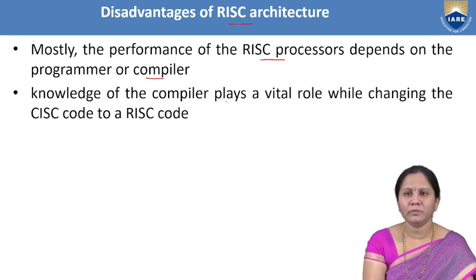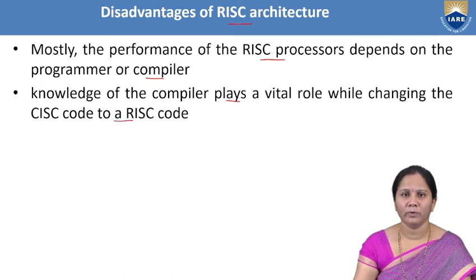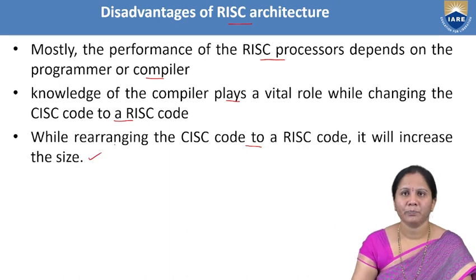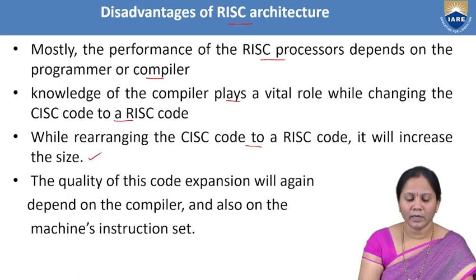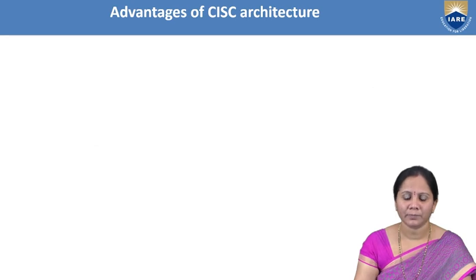The knowledge of the compiler plays a major role while changing the CISC code to RISC code. And also while rearranging the CISC code to RISC code, it will increase the size. The quality of this code expansion will again depend on the compiler and also on the machine instruction set. So these are some of the disadvantages of RISC.